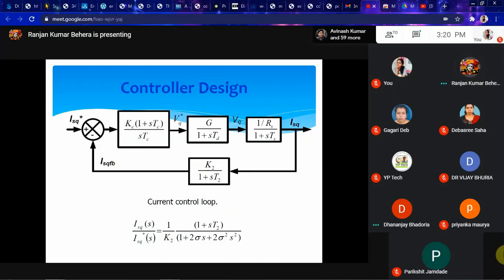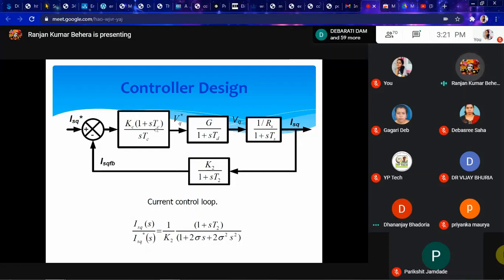Because if you take actually a current, the A to D converter requires 1.67 microseconds to convert from one variable to another. So this ISQ is compared, and there is a delay circuit, K2 divided by 1 plus sT2, which is a delay.